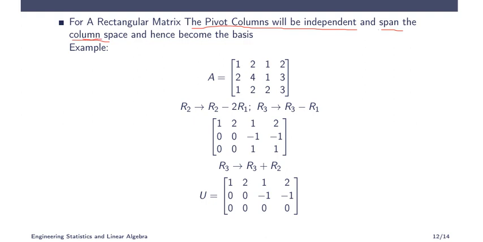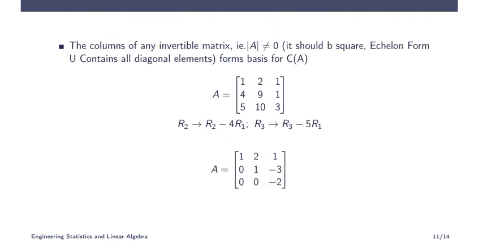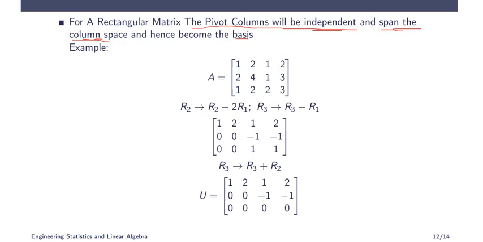So they are independent, they span the space, hence they become the basis. In a square matrix, if it is invertible, all columns are bases. But in a rectangular matrix, only the pivot columns, because they are independent and they are able to span the vector space, make the basis.